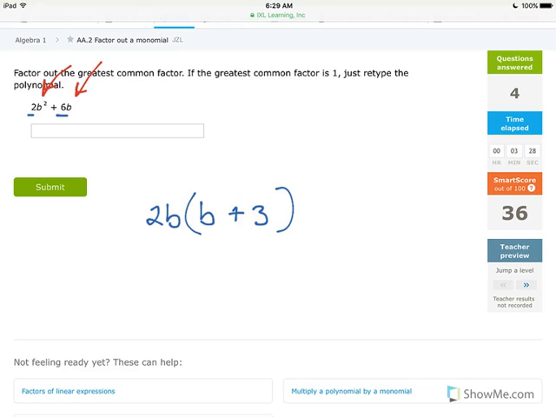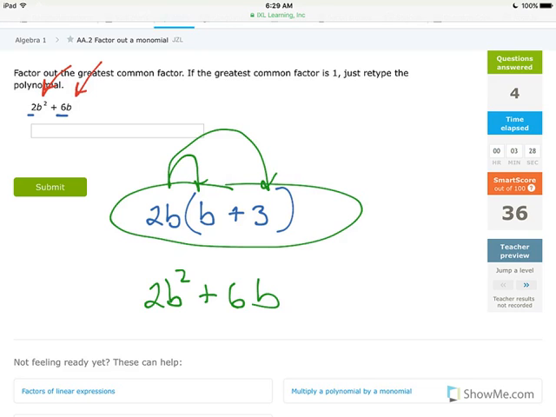And again, check it real quick by multiplying. So that should be our 2b squared and that is our 6b. So this would be the factored form. That's your answer. You want to put that into the answer box.